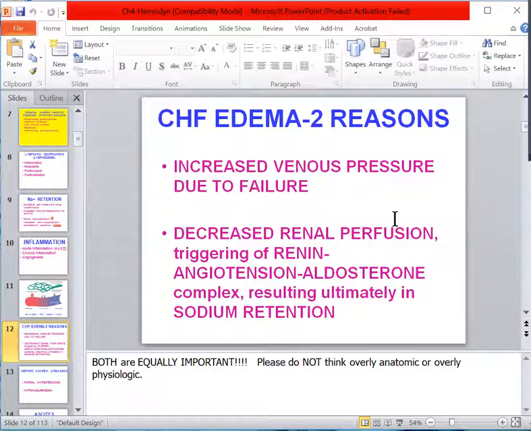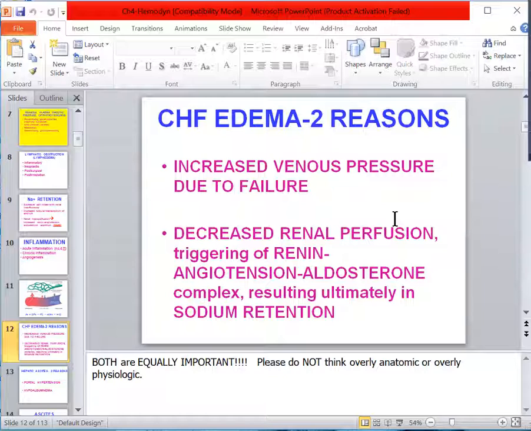Why would you have edema with heart failure? By now, it should be kind of obvious. If the heart fails, that means it can no longer follow the other law of the heart by Starling, the Frank-Starling law, which says the heart will pump out whatever the venous return gives to it.